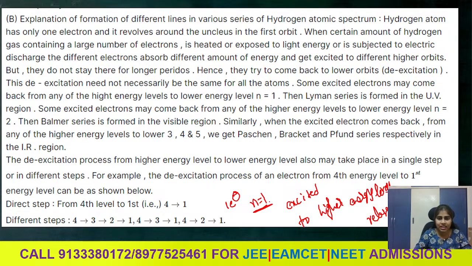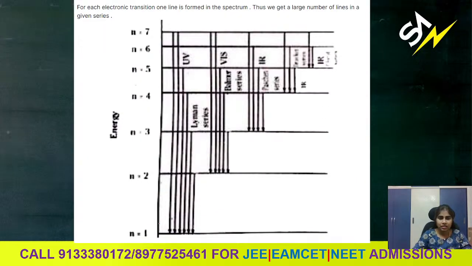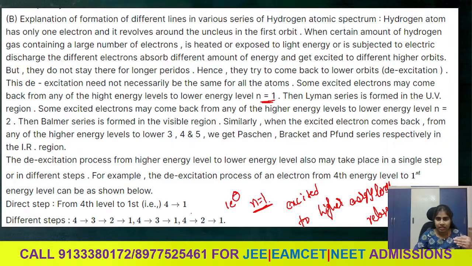So in this way, when the one electron of hydrogen moves to higher energy levels, let us take the first energy level, that is n is equal to 1. When the electron comes back from higher energy levels, those are named by certain series.